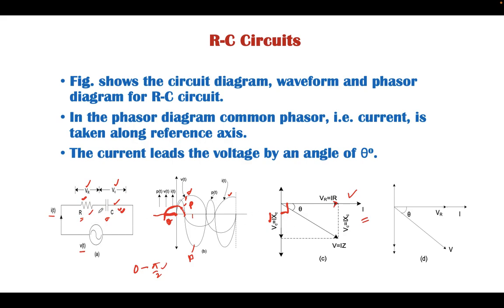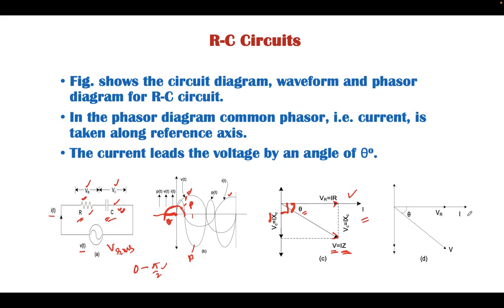Now because of the combined effect of these two, this is the resultant voltage V, that is nothing but the applied voltage V, and this is always an RMS value. V is equal to I into Z. Here Z is again the combined effect of R and C, the opposition offered due to the resistance and the capacitive reactance. Since it is neither purely resistive nor purely capacitive, there will be some angle between 0 and pi, let this angle be theta.